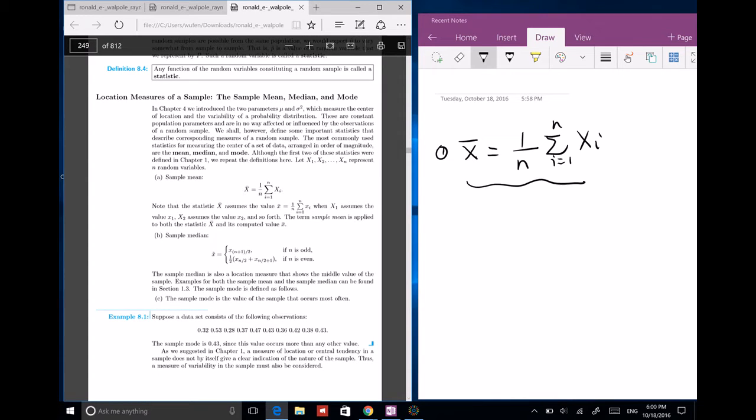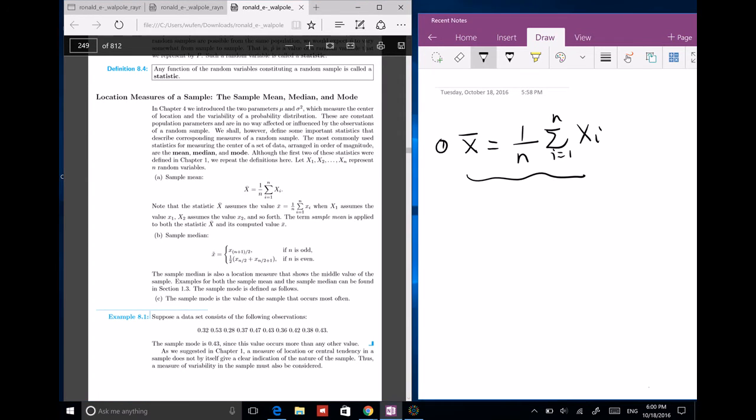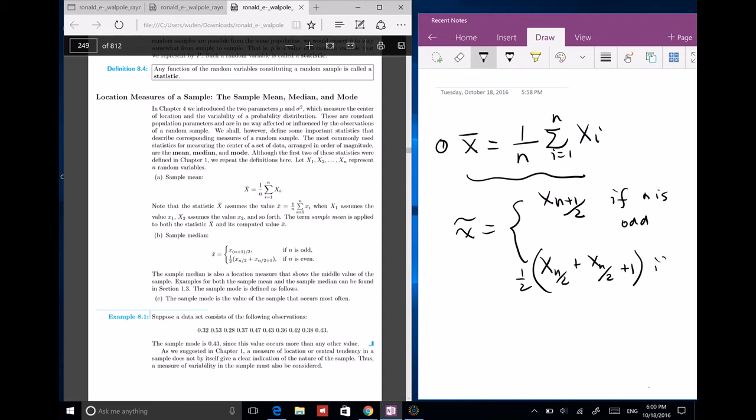And then the sample median. If n is odd, the median is x(n+1)/2. If n is even, it is x(n/2) plus x(n/2+1), the middle two, divided by 2. For example, for 1, 2, 3, 4, 5 the median is 3.